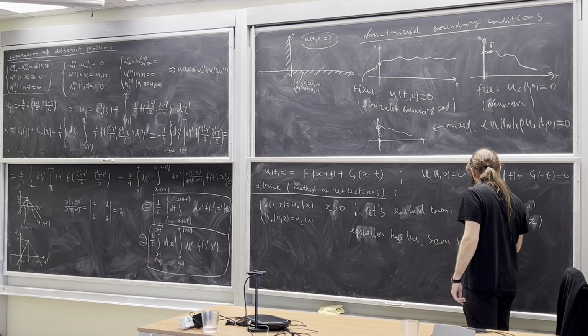In a sense, if we take u of t and x as a solution, then u of t and minus x is also a solution.